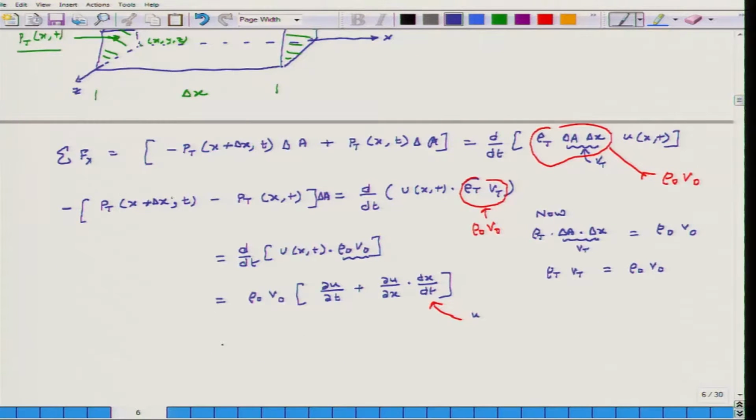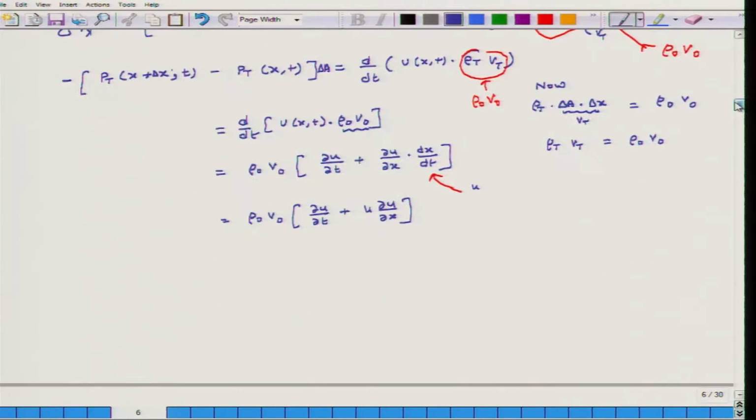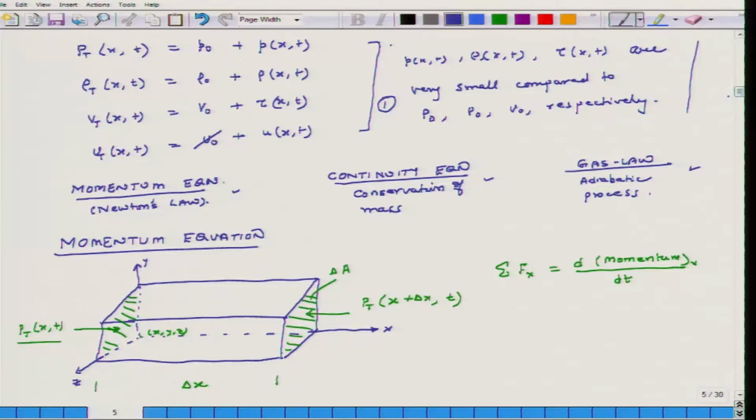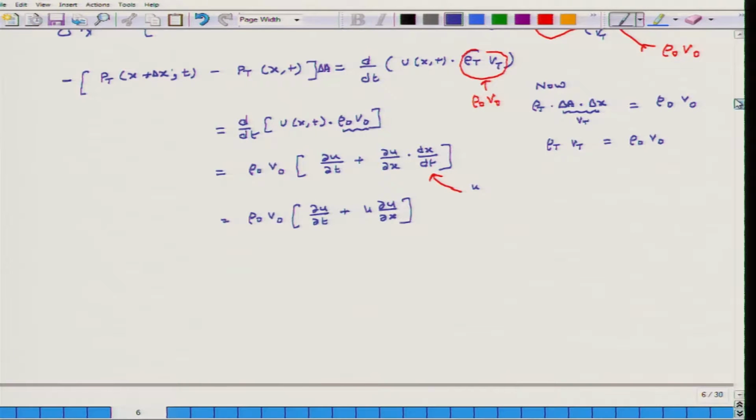So, this can be further written as rho naught v naught times partial of u with respect to t plus u del u over del x. We had assumed that all changes in p, rho, tau and u are very small quantities, so I am multiplying partial of u with respect to x with a very small quantity.